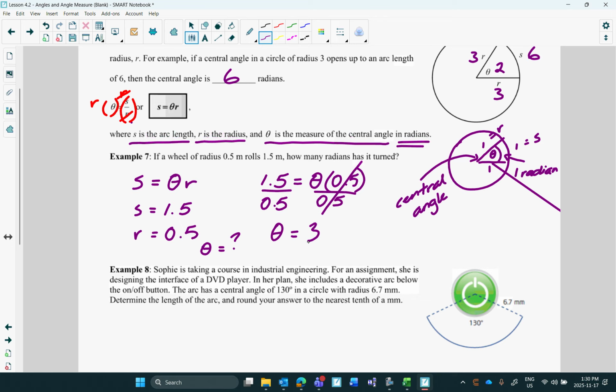And 3 radians is approximately how many degrees? No. We don't normally use the pi symbol when we talk about degree measure. Only when we talk about radians. 3 radians. We talked about this.